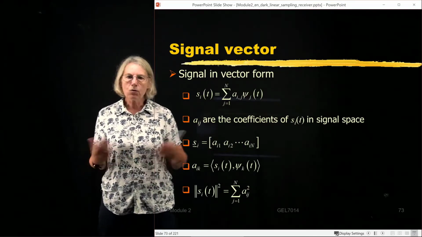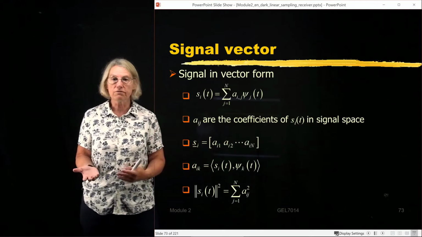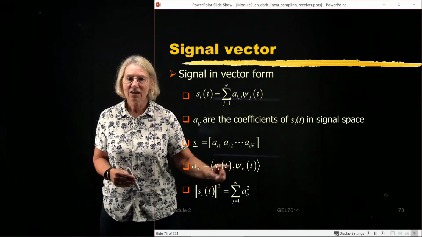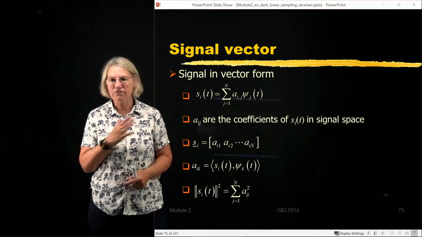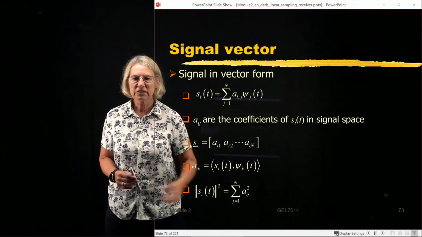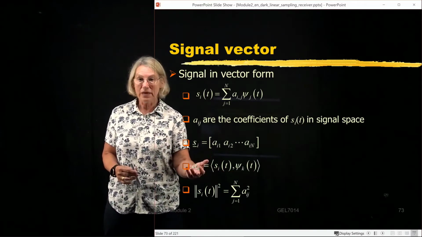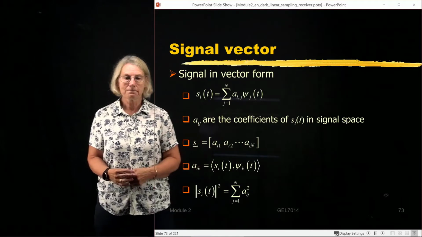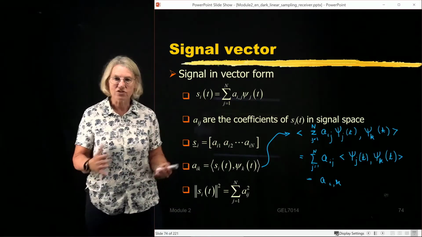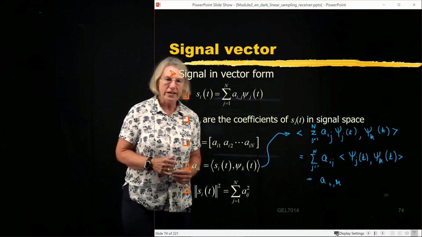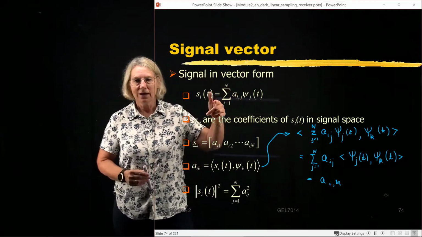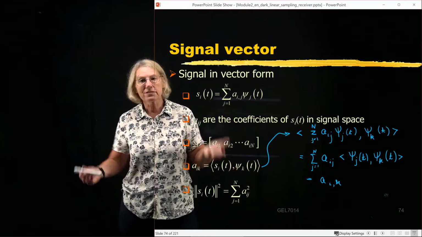Now, of course, how do I get the coefficients? How do I know what the coefficients are? Well, I do the projection of my signal onto each one of the basis vectors in turn. The inner product of the symbol with each one of the basis vectors will give me the coefficients. We can see that this is the case, that there's self-consistency in these equations, because suppose I take s_i of t and say it's some linear combination because it's in the space.